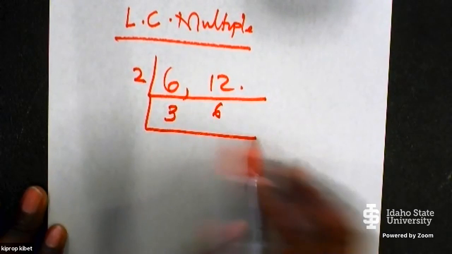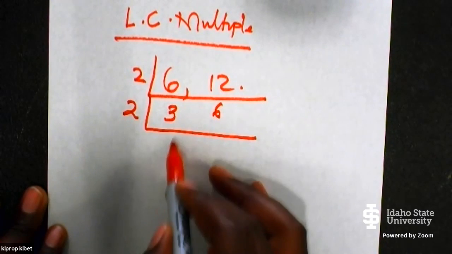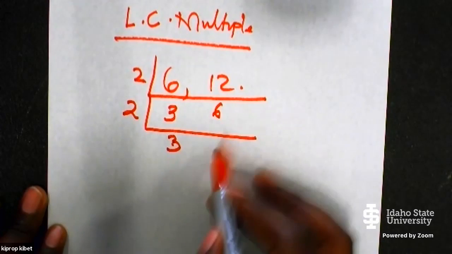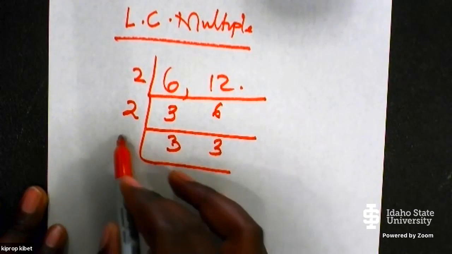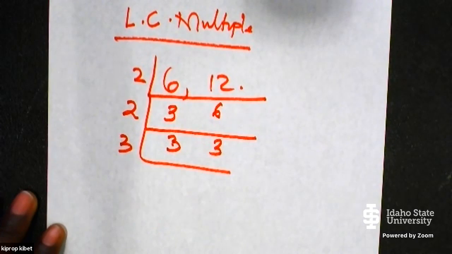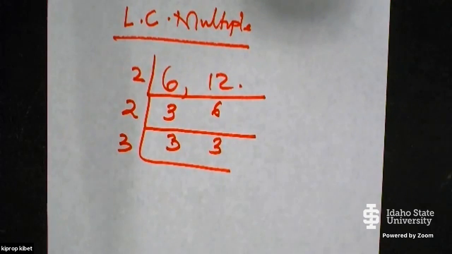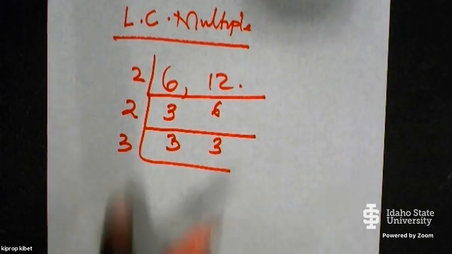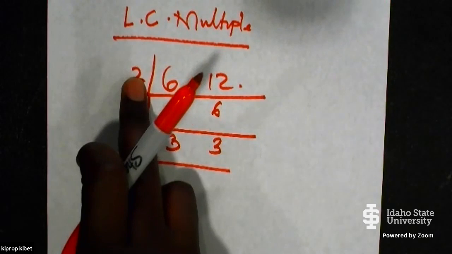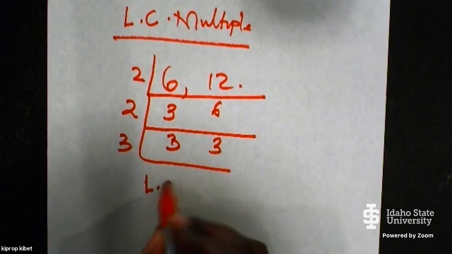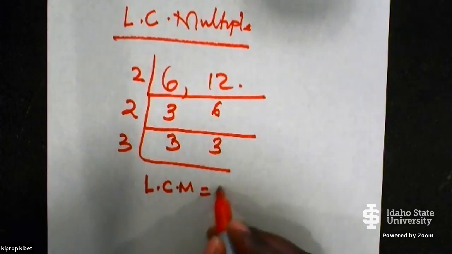Then you divide by another 2. We have 3 and 3, and then 3 there. So our least common multiple will be 3 times 2 times 2, which is 12. So the least common multiple is equal to 12.